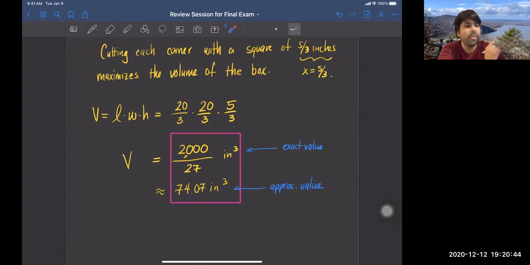So you're talking about not volume, you're talking about surface area of a box, which is different. So number 5 and number 2 are talking about minimizing or maximizing surface area, whereas number 3 and number 4 are talking about maximizing volume of a box. So that's a little different.